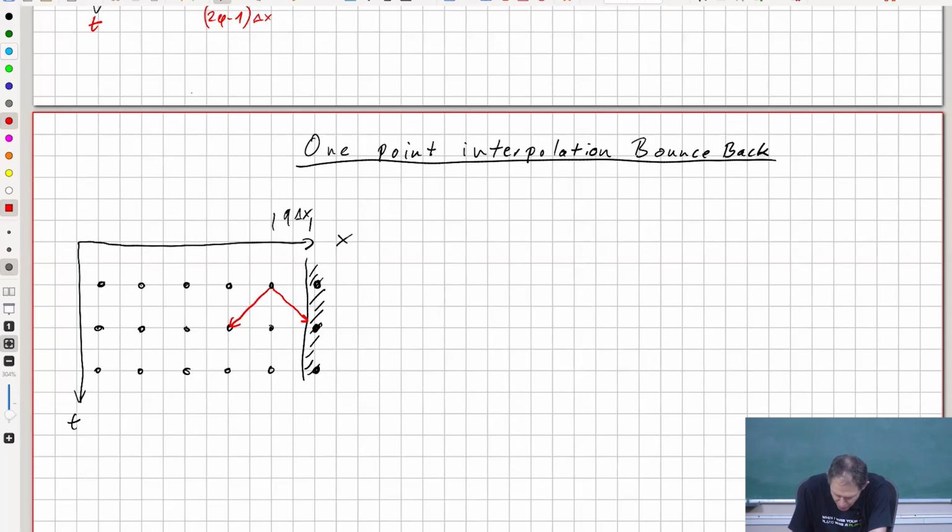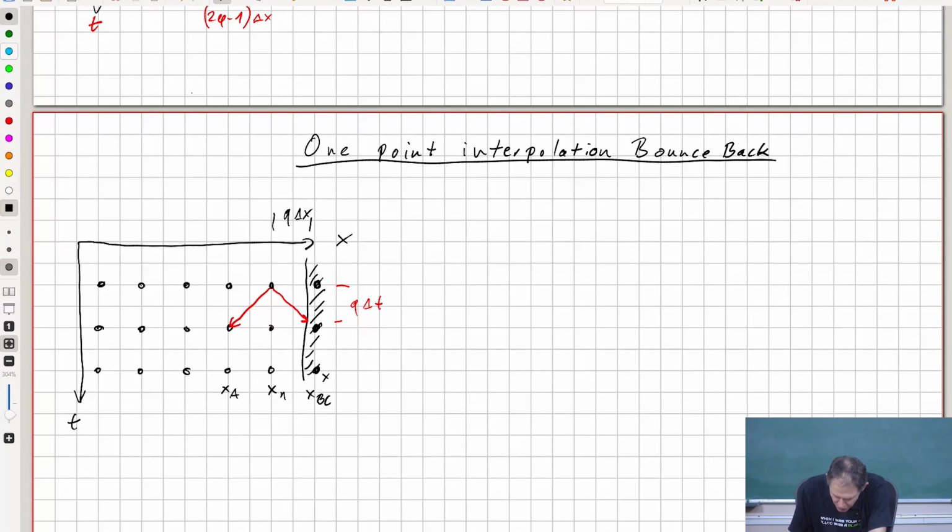One thing that we observe is that when we have a distance q delta x, then the distance in time that it takes to reach the wall is obviously q delta t. So let's call this here xn. Let's call this here xbc, the position of the boundary. And this here I just call xa.